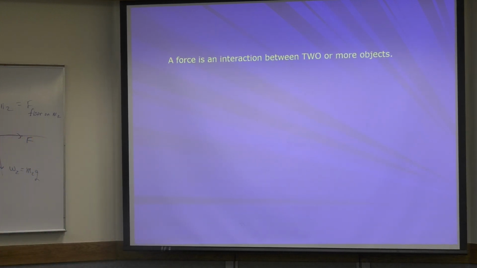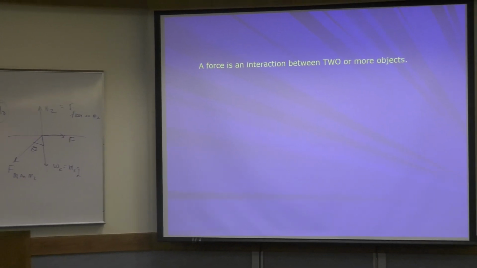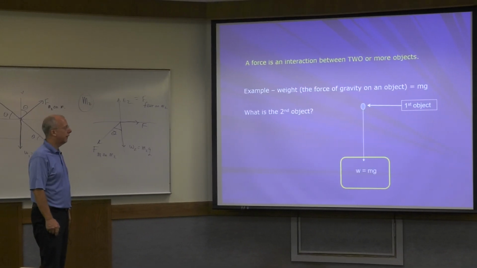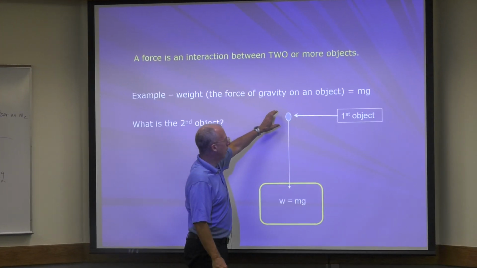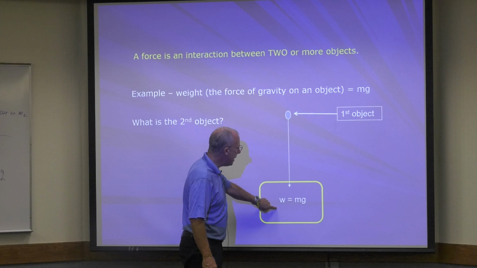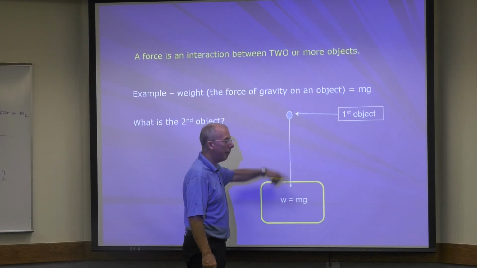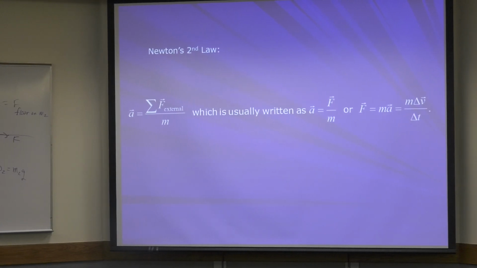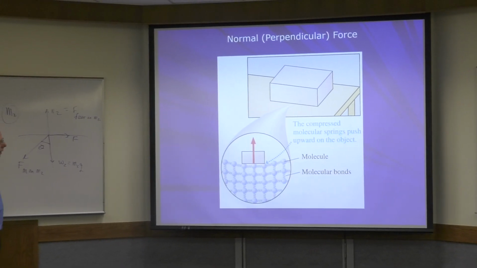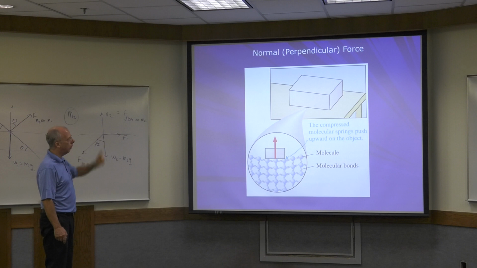Let's just quickly review. A force is an interaction between two or more objects. Here, Earth is pulling down on me, but I am actually pulling up on Earth. Two objects, me and Earth. Newton's second law, F equals ma, the perpendicular force or the normal force.